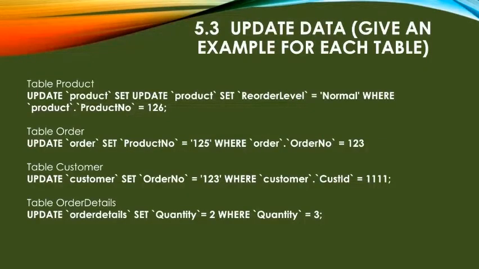So next we go to update data. If we want to update data in SQL, we must use the keyword update. For the table product, we put the update keyword, then product, and set reorder level, where we want to set the reorder level to normal where the product number is 126.